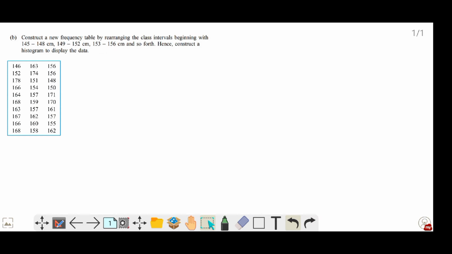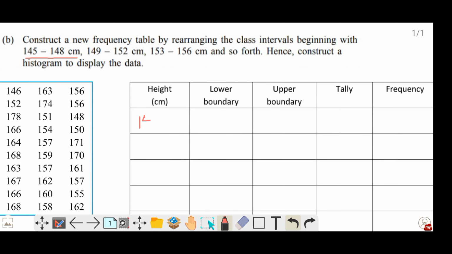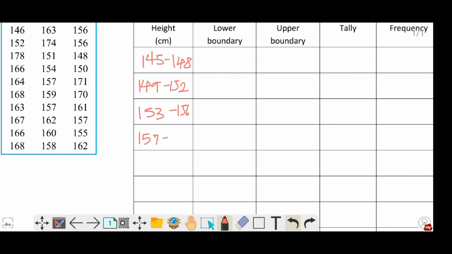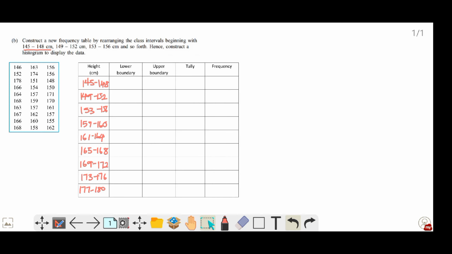For question B, first of all you need to draw a table that looks like this. Next we need to fill in the height column, starting with the height between 145 to 148 cm, followed by 149 to 152 cm, and so on. Next, we need to find the lower boundary.